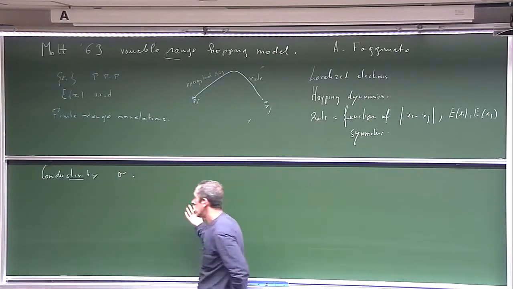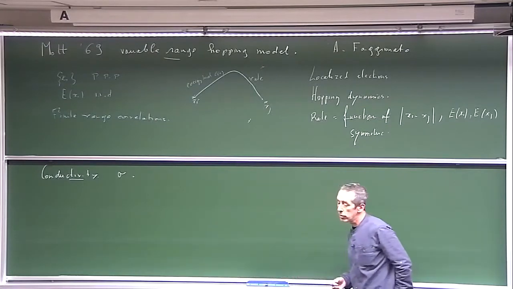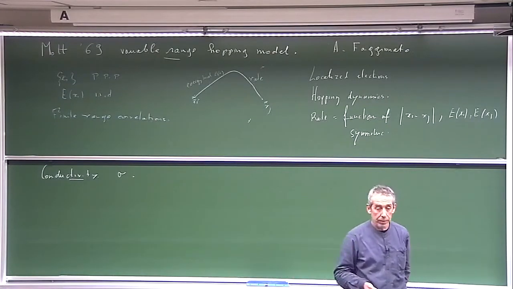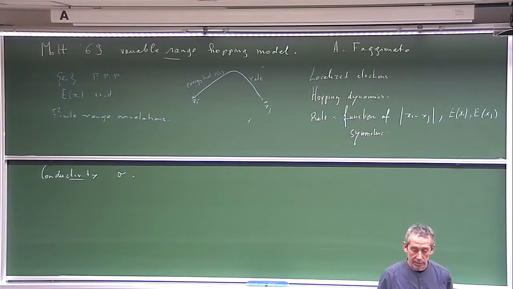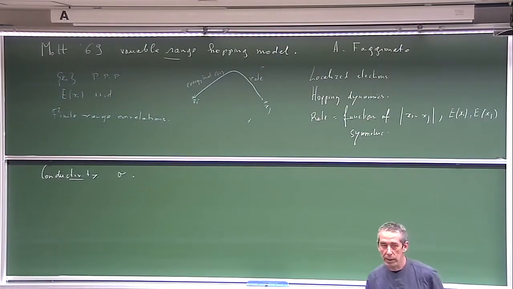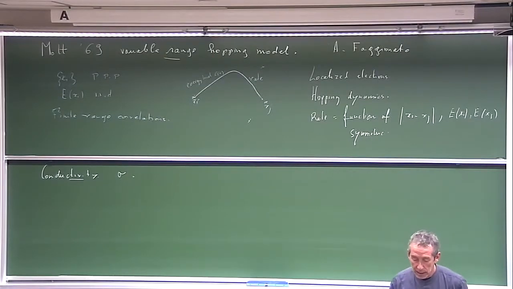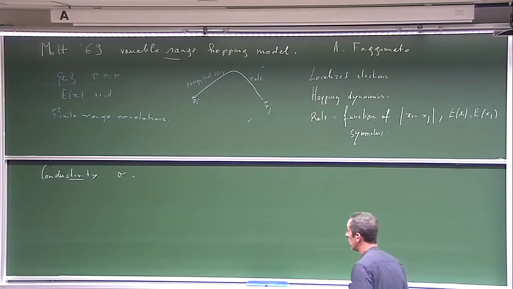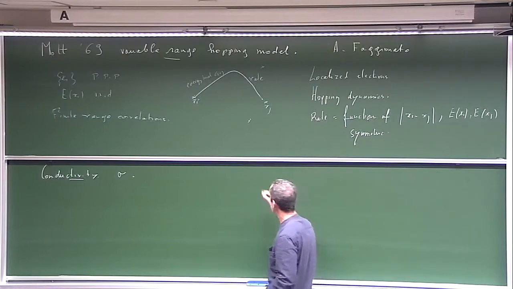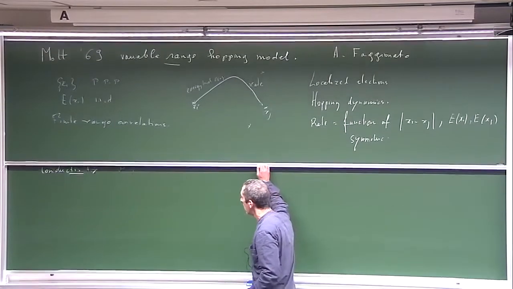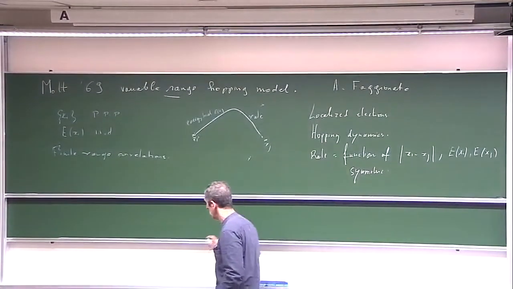In physical terms, the conductivity is defined in the following way. You take your system, impose a small electric field in some given direction with a given strength, and that creates a current of electrons flowing in that direction, and this is what you measure.